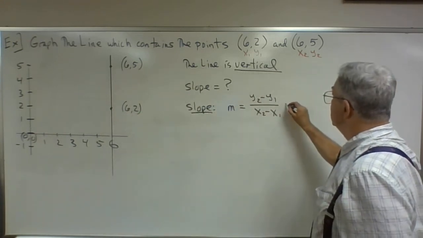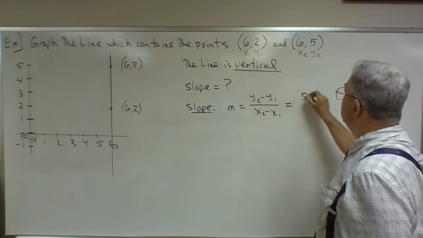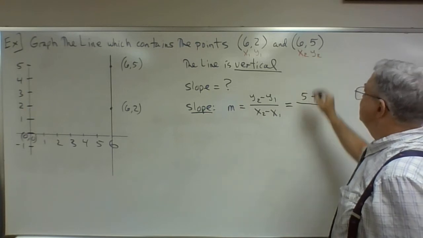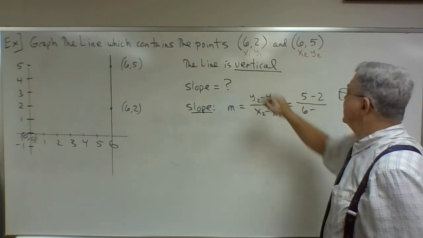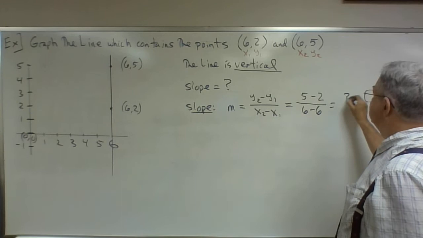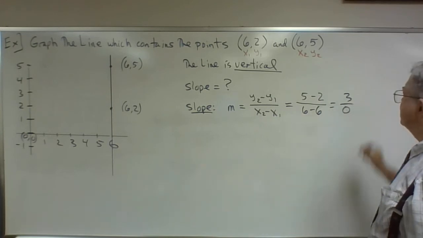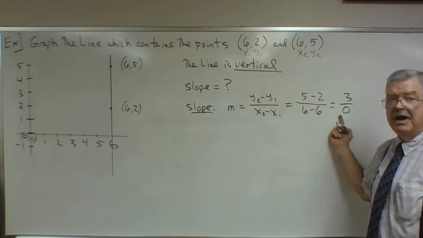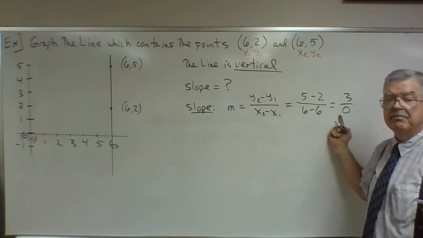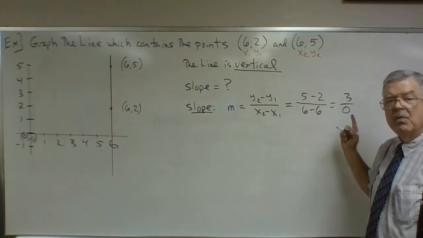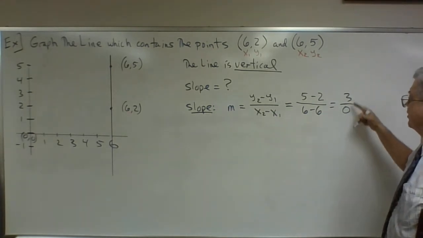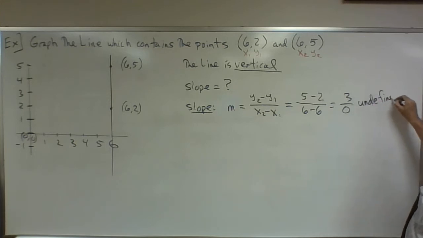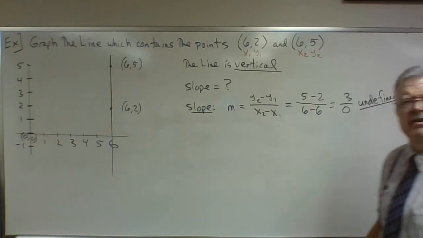And let's see what we get. y2 is 5, minus y1 is 2. x2 is 6, minus x1 is 6, so that's 3 over 0. And you know what? This is not going to be equal to 0. We're dividing a non-zero number by 0. That's undefined.